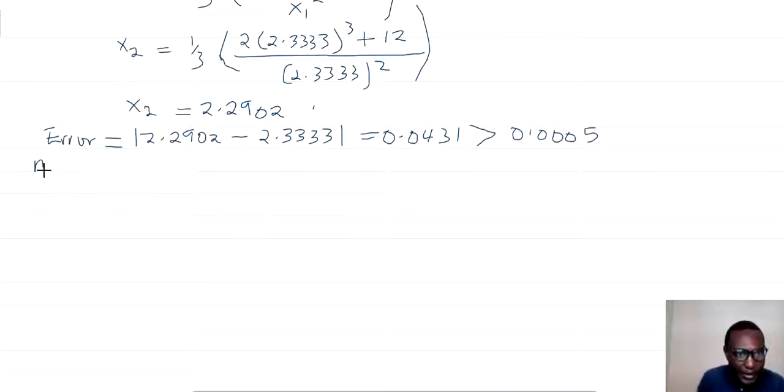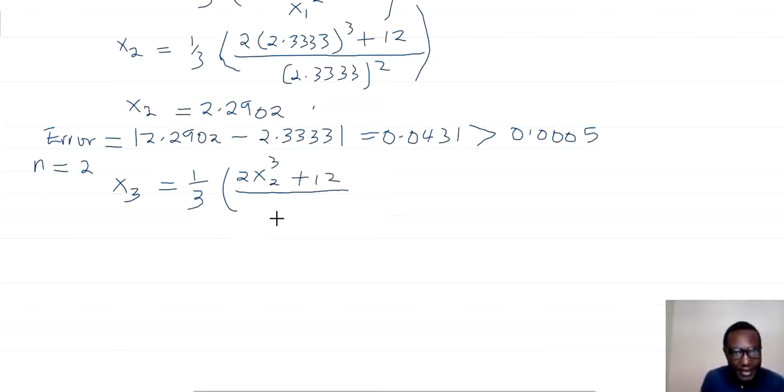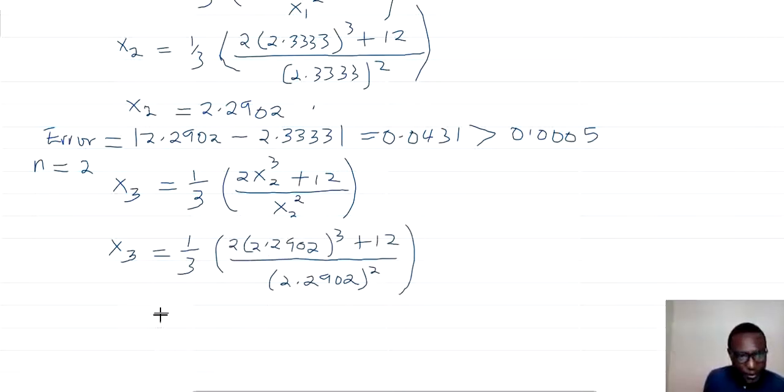Now when n is equal to 2, we shall have x3 being equal to a third into bracket 2x2 power 3 plus 12 divided by x2 power 2. But we have x2 here, so we can now confidently compute x3. Let's substitute in for x2, and now when you press on our calculator there, we shall get x3 as 2.2894.